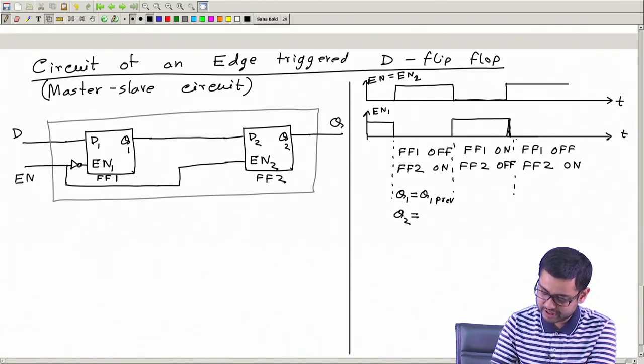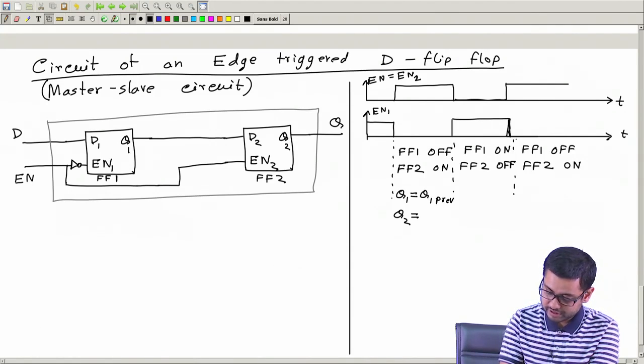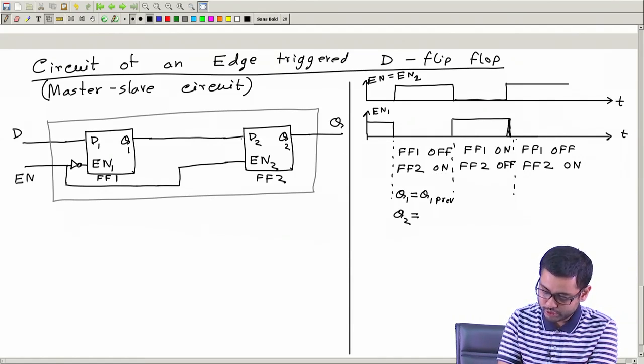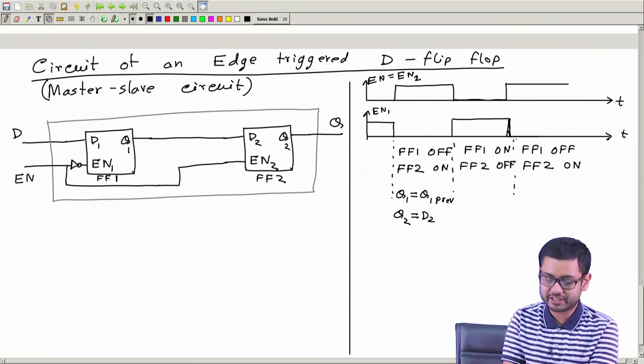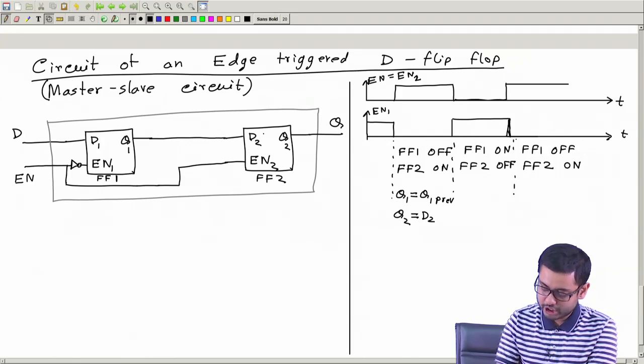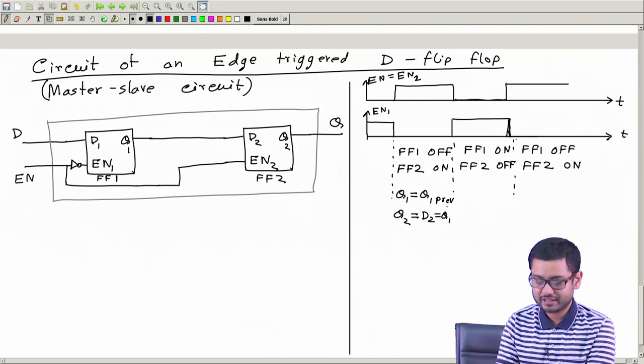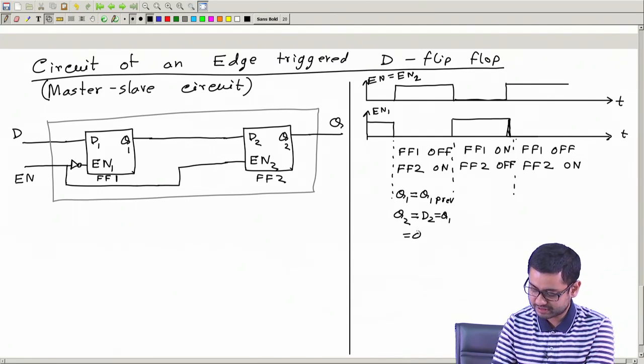Now, if Q1 remains at its previous value, what will be Q2? Q2 will be equal to D2 because flip flop 2 is on. If D2 changes, Q2 will also change continuously. Okay. Q2 is equal to D2 and this D2 is equal to Q1. But Q1 is not changing. Q1 is constant at Q previous at this instant.